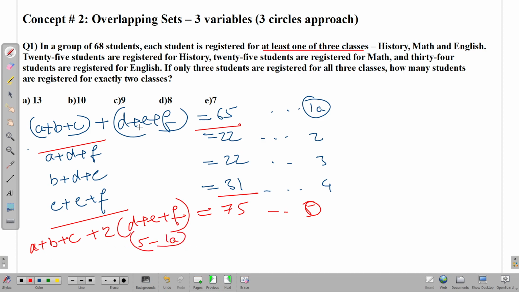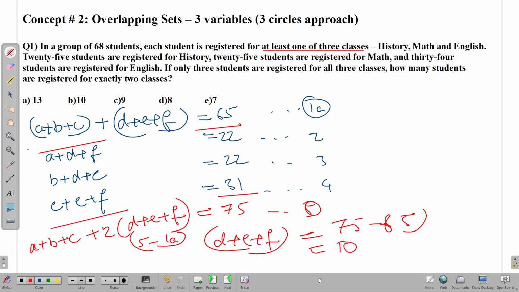I will actually separate everything. I will be left only with D plus E plus F is equal to 75 minus 65 equal to 10. So D plus E plus F is the number of people who have registered for all three classes, which is option B.